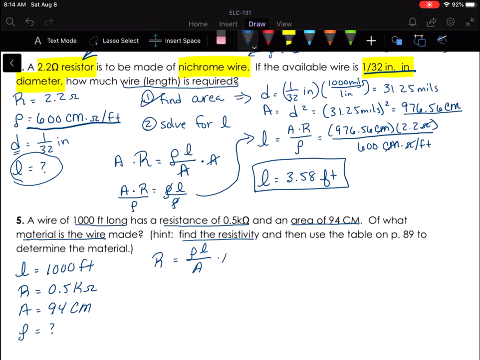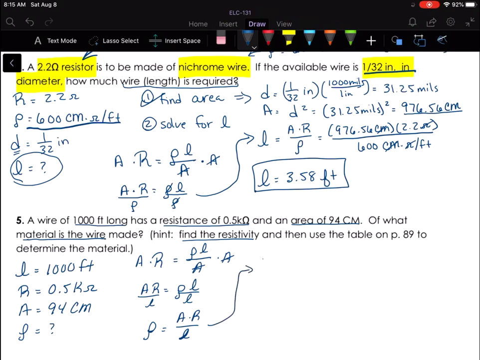Again, I'm going to start by getting rid of my fraction, so I'm going to multiply both sides by the area. And to get rho all by itself, I'm going to now divide by the length. So resistivity is going to be area times resistance divided by length.